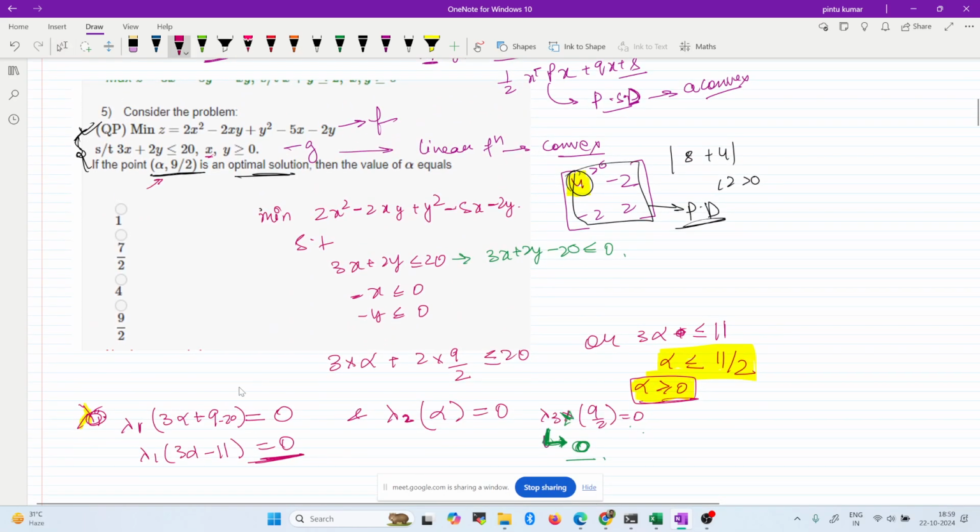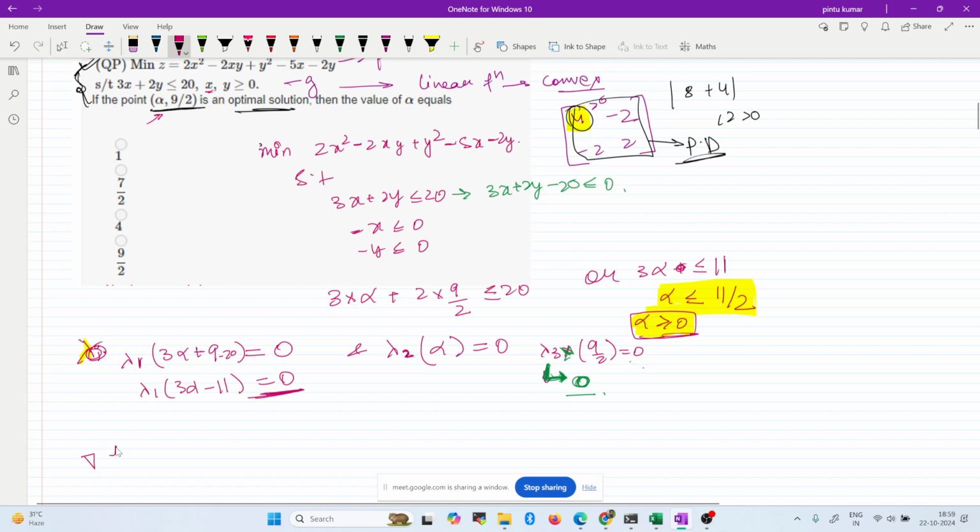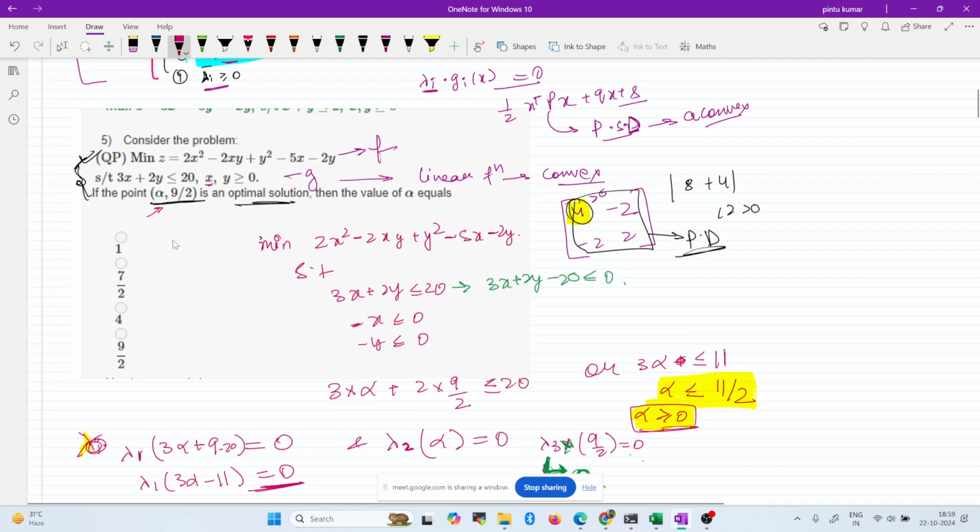First condition says you take the gradient of f plus the sum of the gradients of all the constraints, right? This should be equal to 0. Okay, let's look at the gradient of f.